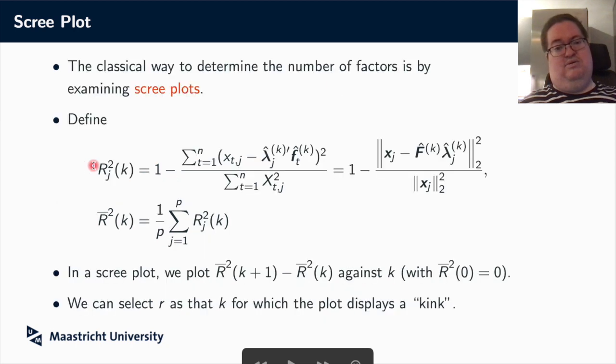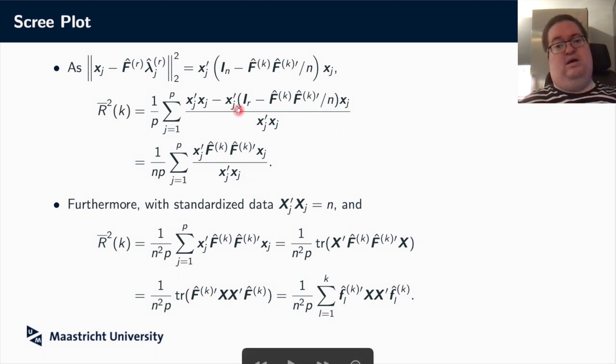Plug that in your r squared, and then realize that actually what you have in the denominator here is xj prime xj. So we write 1 as xj prime xj divided by xj prime xj. And then we can see that actually xj prime xj cancels out against this one here as well. So we're left with a simpler expression.